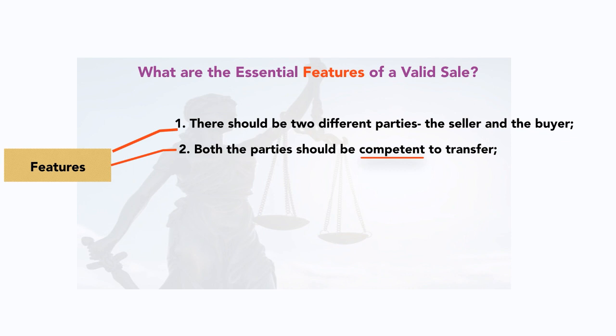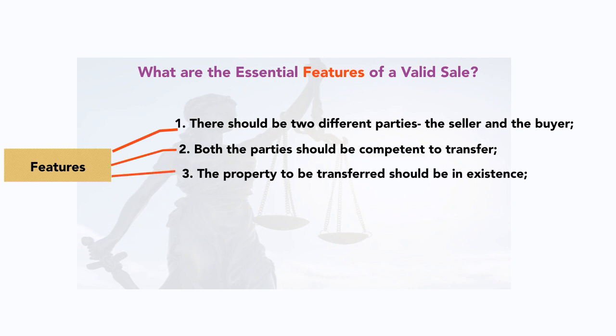Remember, one who is major, meaning 18 and above of age and of sound mind, keep in mind. So he is competent. Not only the seller but also the buyer, both of them have to be major, not minor, as a minor is not allowed to transfer the property.